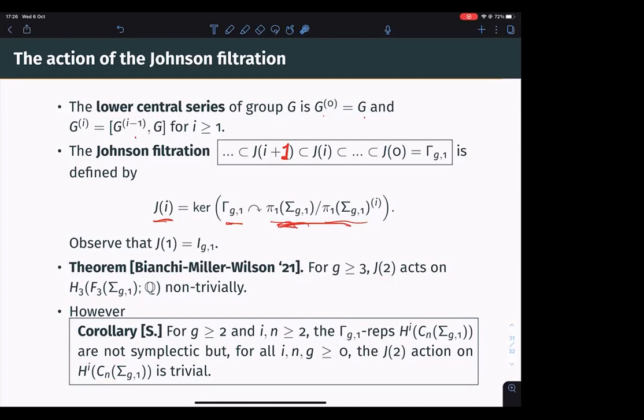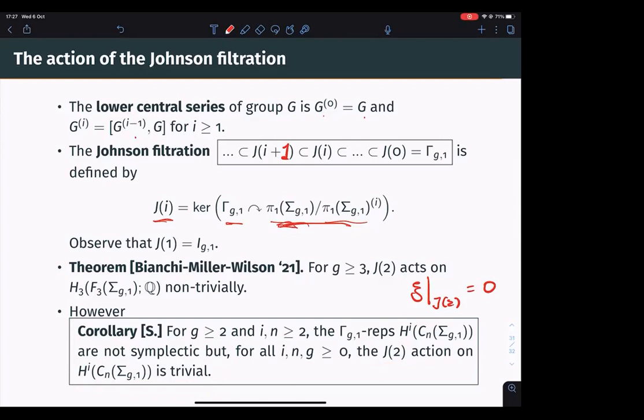It turns out that the action of J2 is trivial, and that just has to do with the fact that Xi vanishes on J2. And that means that the J2 action is just trivial.